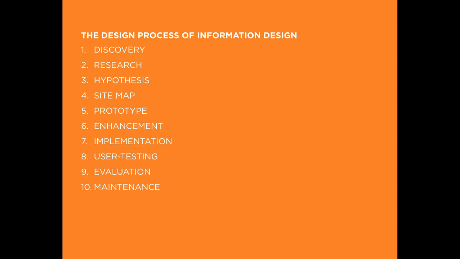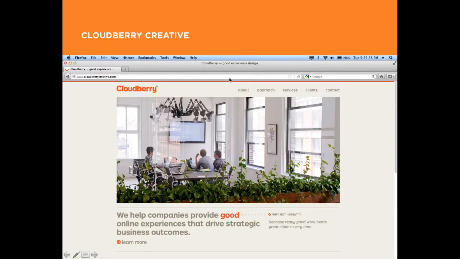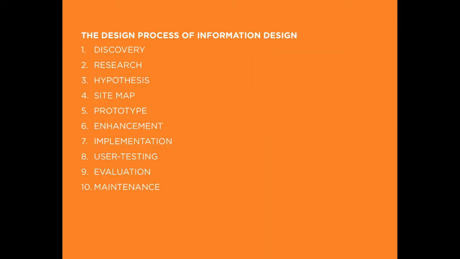Obviously, I haven't worked at Cloudberry Creative, but this is my assumption, and probably, indeed, these are the steps that they went through while building their website. So let's look at these steps, starting obviously with discovery.